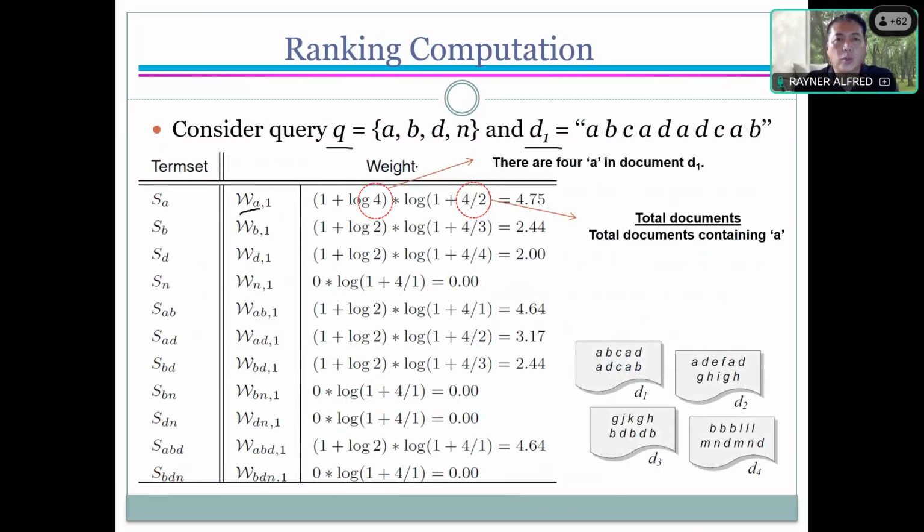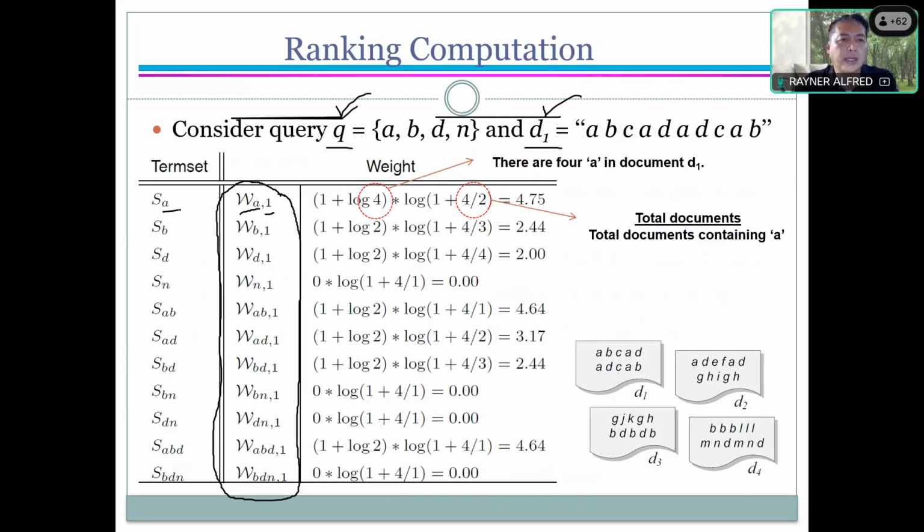So the weightage for each of the symbols or each of the term sets that we have in the document will highly depend on where you are getting them from. Okay, so we have two parts. So for this example, we are looking at the weightage of all the term sets from document 1.